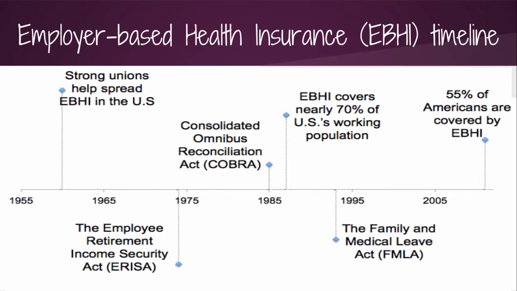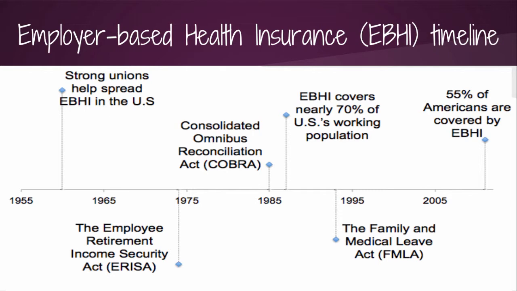Employee-based health insurance was the first major type of widespread health coverage in the United States. In 1974, the first major federal law enacted to regulate employee-based health insurance was the Employee Retirement Income Security Act, or ERISA, which set minimum standards for many pension and health plans provided by employers and aimed to protect employees and their dependents.